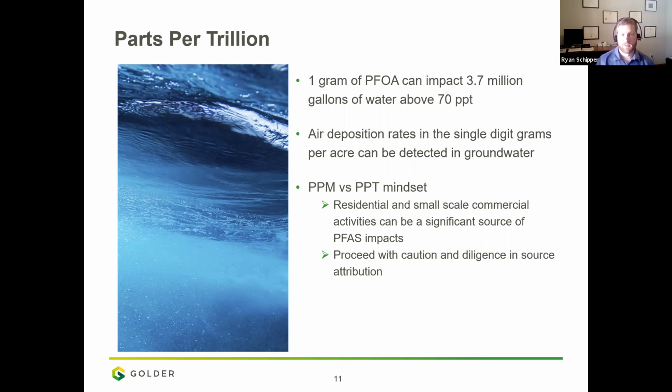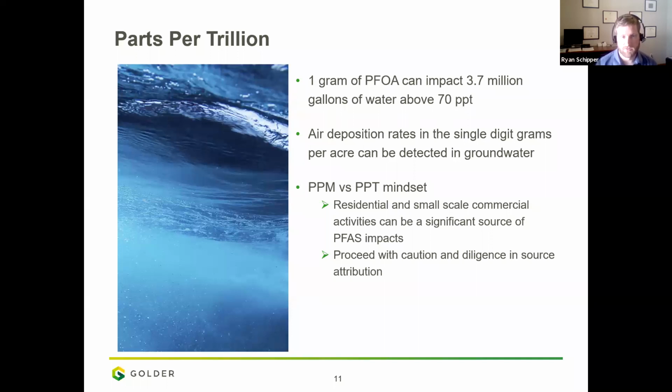So 1 gram of PFOA can impact 3.7 million gallons of water and essentially put that above the 70 parts per trillion, if we're looking at the US EPA standard for combined PFOA and PFOS. Obviously, we're looking at very minute quantities here.